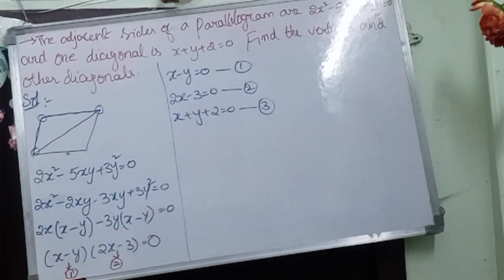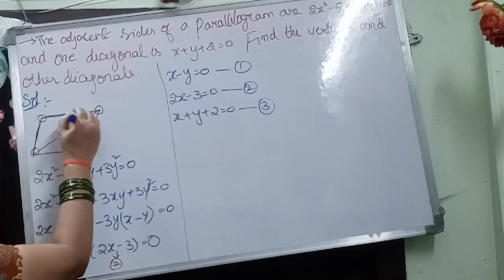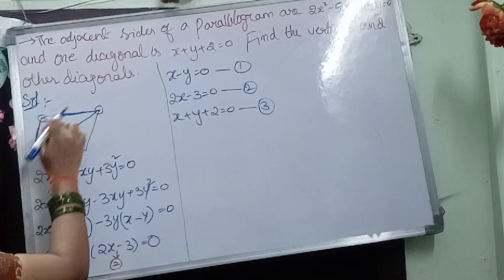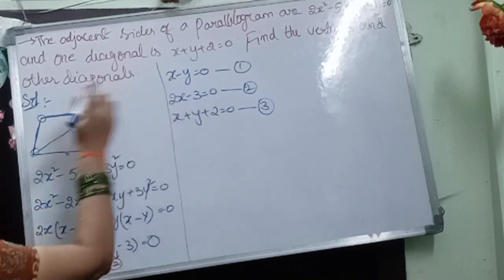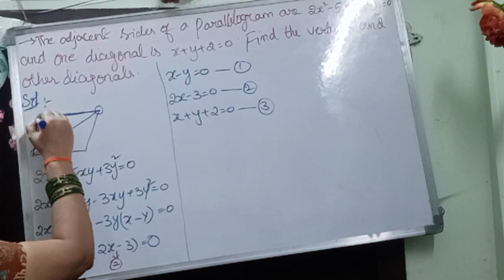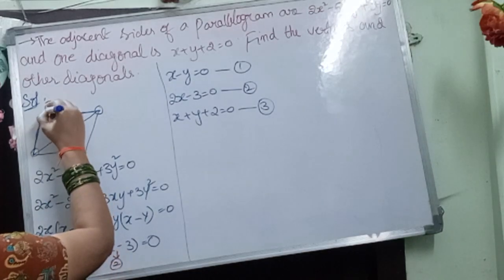Now, let us first solve these two equations. These two equations are actually these two lines. If we solve these two equations, we get this point. Let us take that as P1.